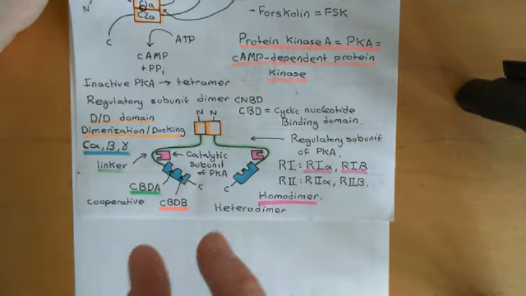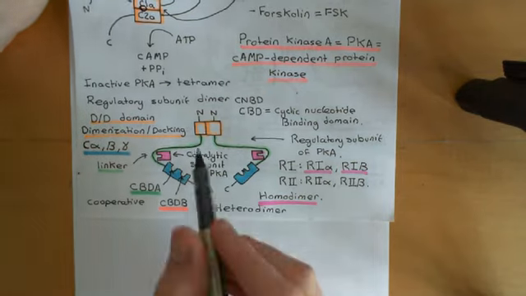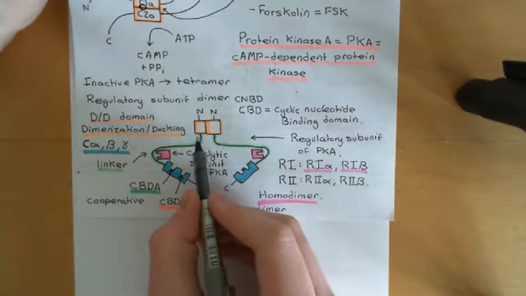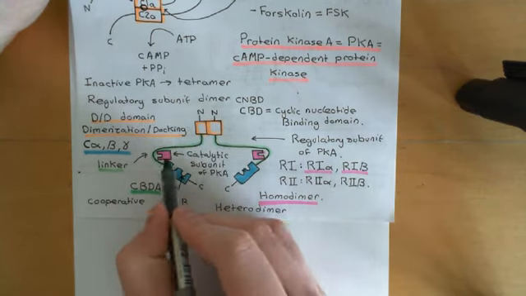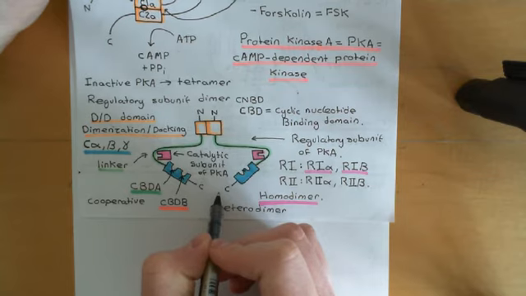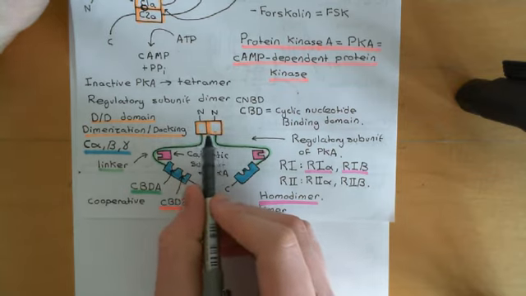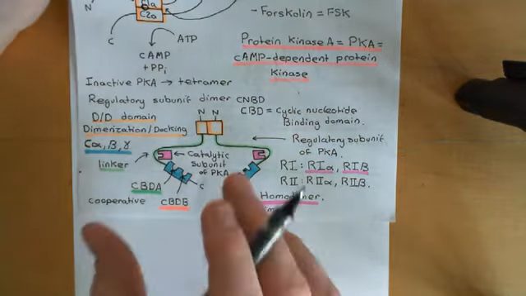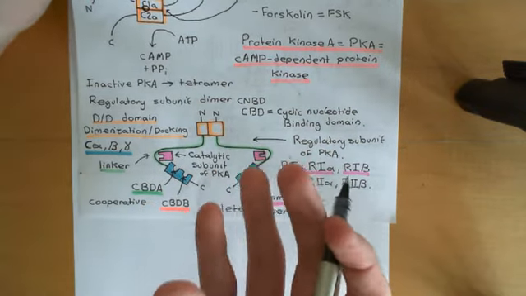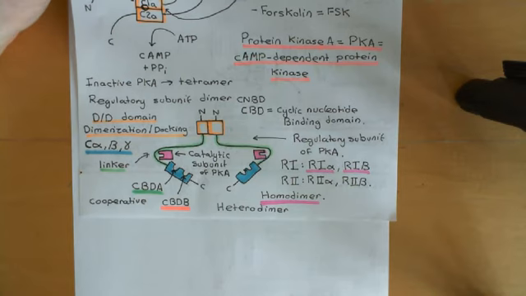I should make sure that you understand that when you activate protein kinase A, when the regulatory subunits bind the cyclic AMP and release the catalytic subunits, the regulatory subunits remain dimerized together. There's no effect on the dimerization here. So the regulatory subunit dimer remains intact even once you've activated protein kinase A.